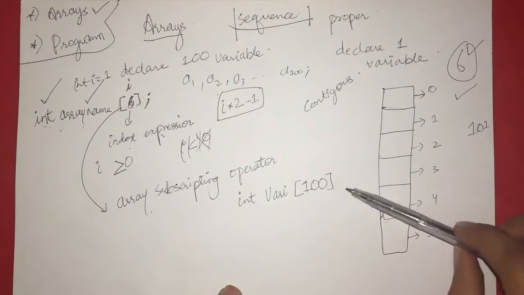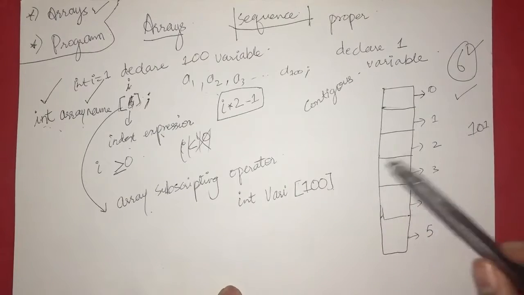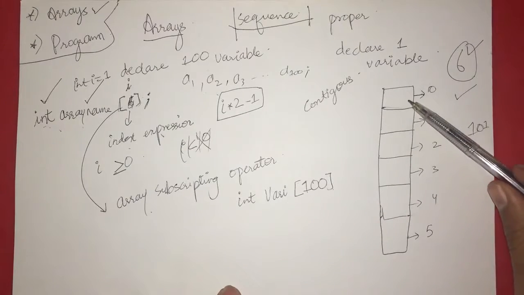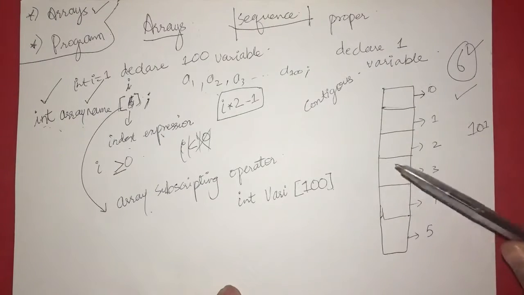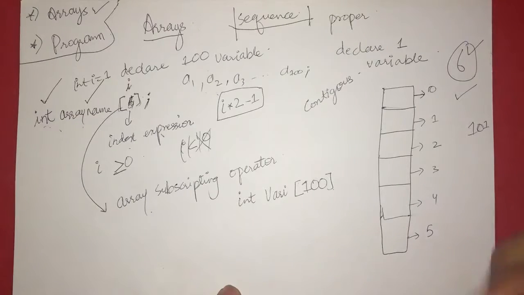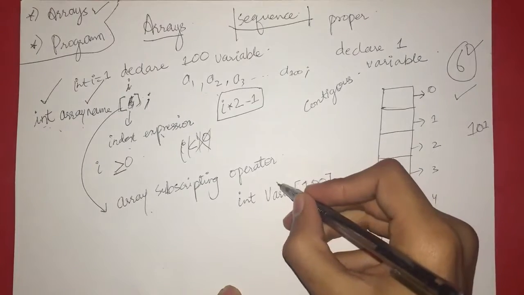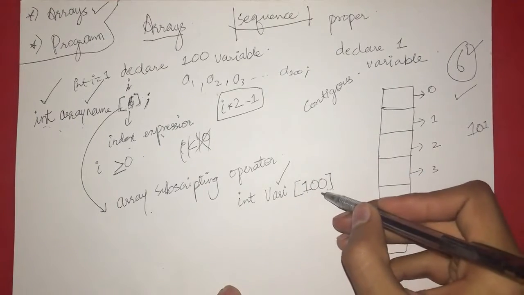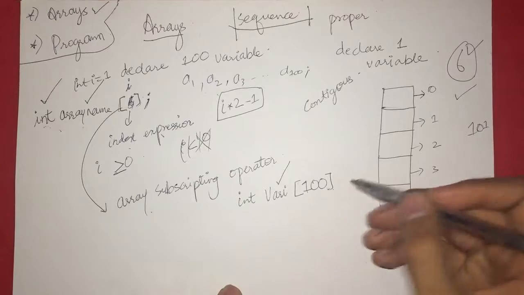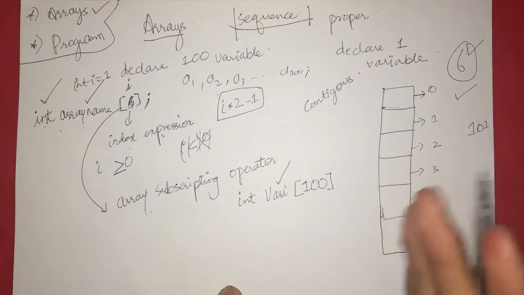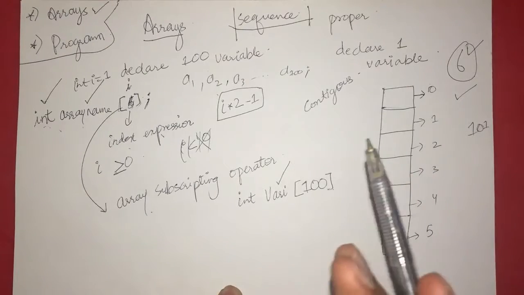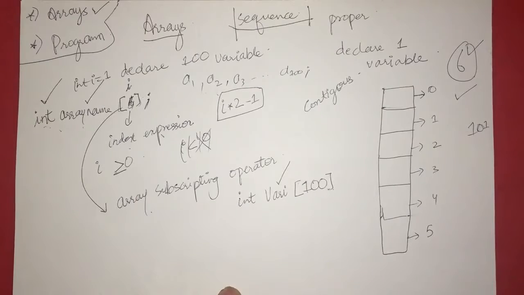The name of the array is var_i, and the length is 100, and these locations will be contiguous, meaning at the same place.